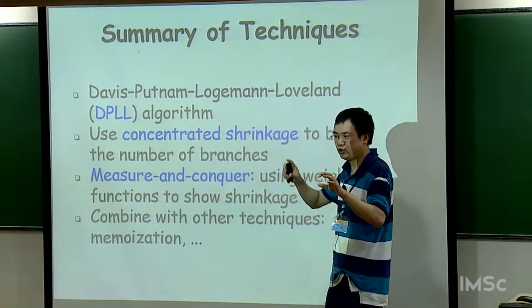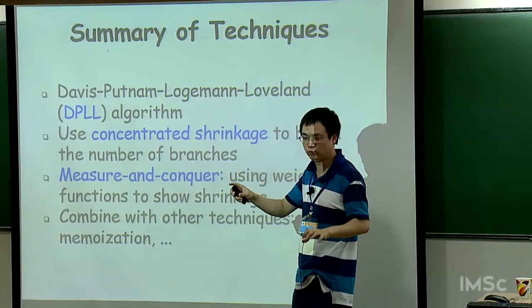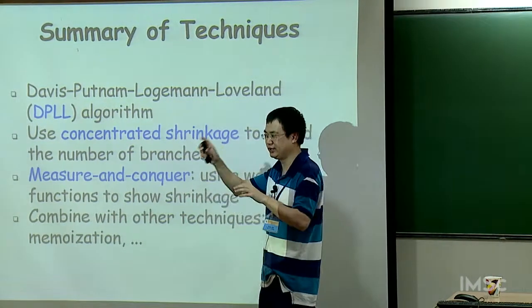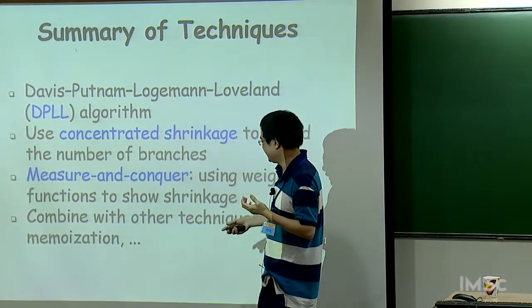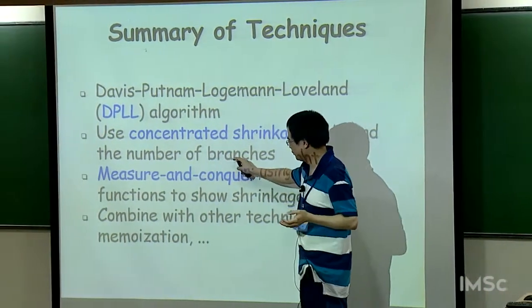The weight is proportional to the size. And it might be easier to show the shrinkage of the weight. And then the shrinkage of the weight function implies the shrinkage with size. And then you can use that to essentially bound the number of branches here.